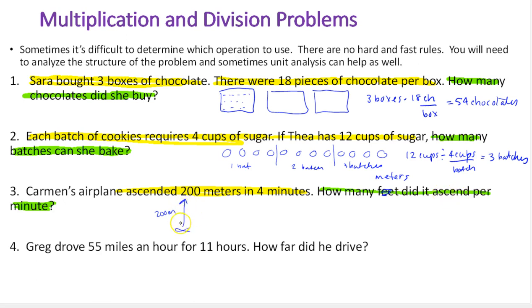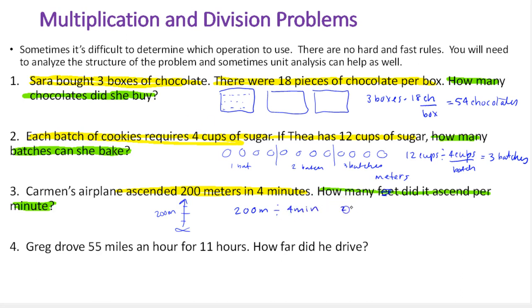So assuming this went up at a constant rate, we want to break this 200 into 4 equal pieces, and that's how much it would be per minute. So I'm thinking of breaking it in half, that's 2 pieces. Break the halves in halves, that's 4 pieces. So I'm dividing the 200 into 4 equal groups. Okay, so 200 meters divided by 4 minutes.